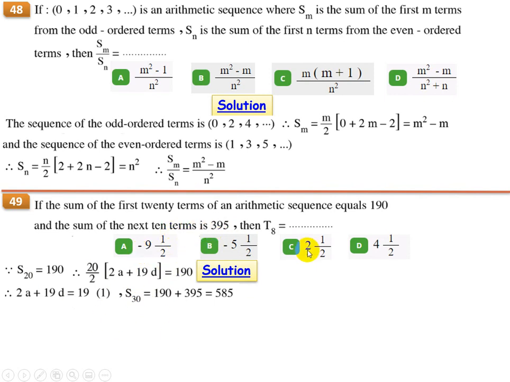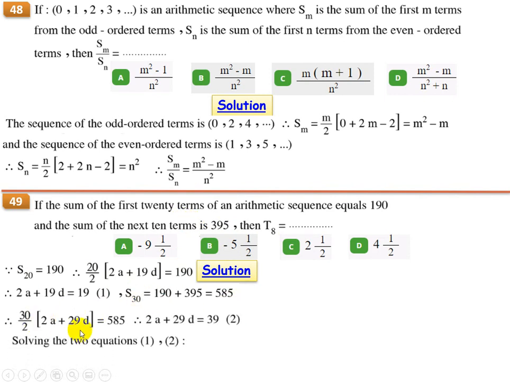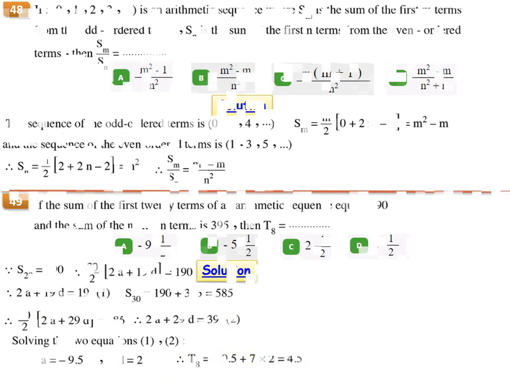So S30 is 190 plus 395 equals 585, 30 over 2 times (2a plus 29d). So 2a plus 29d equals 39. Solving the two equations 1 and 2 together, you will find that a is negative 9.5, d equals 2. So T8 is a plus 7d, negative 9.5 plus 7 times 2, it will be 4.5.